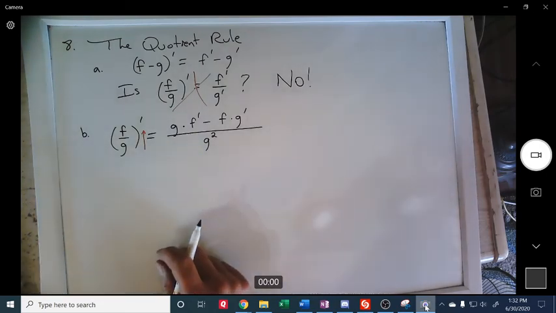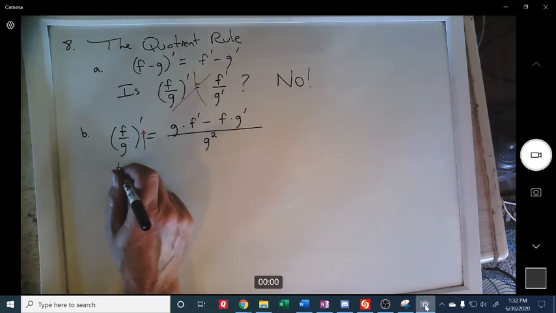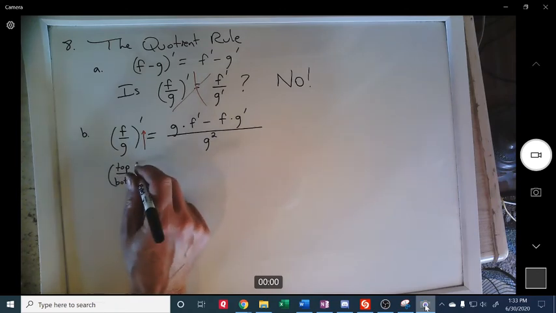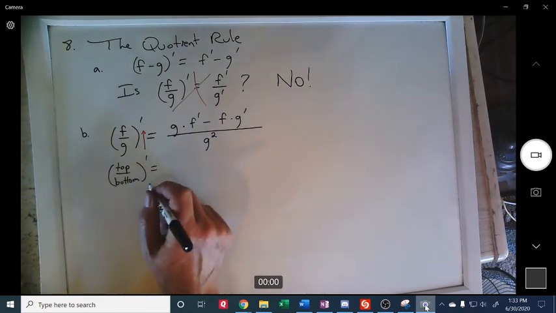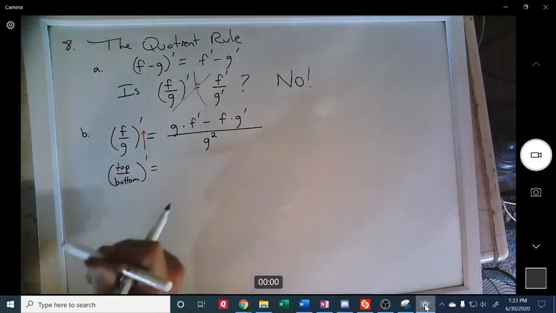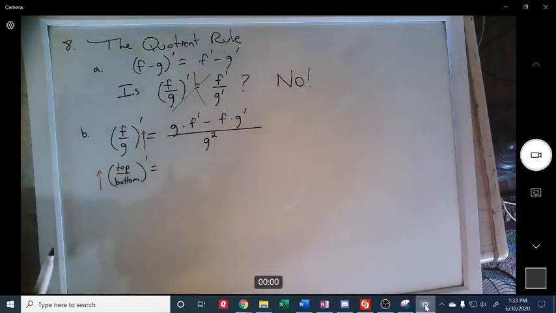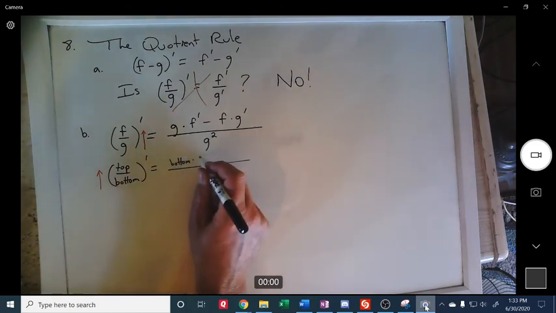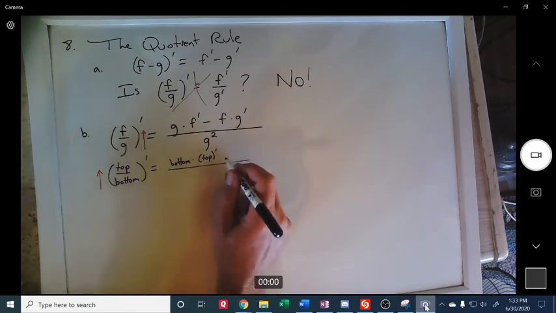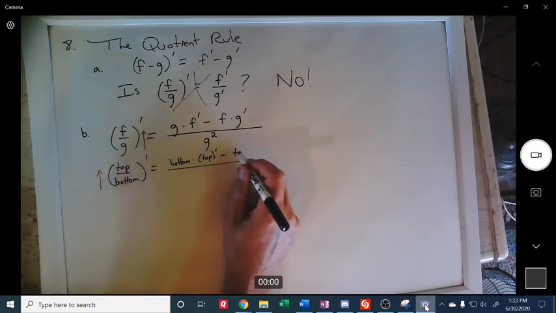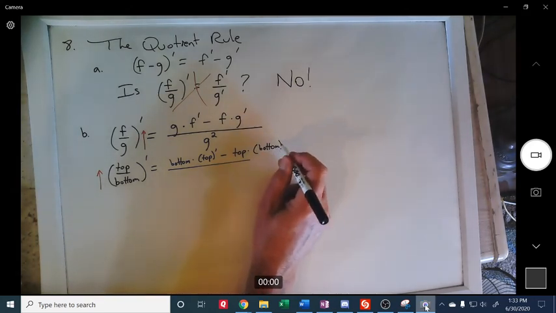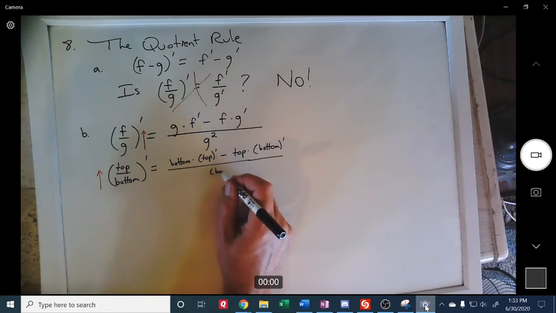Now, I don't memorize it like this. I think of it more like this. There's a top function and a bottom function. And we start from the bottom. So it goes bottom times the derivative of the top minus the top times the derivative of the bottom, over the bottom squared.